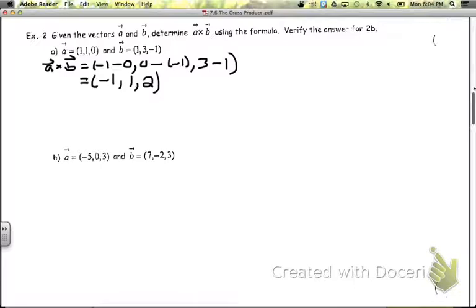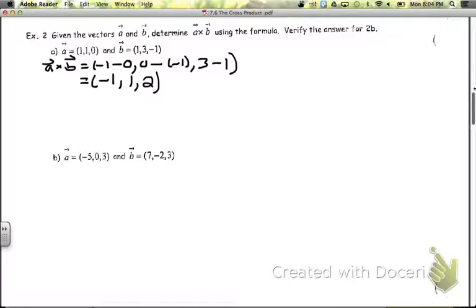Now, another useful way to remember doing the cross product is to set this up and write out our values. What I mean is writing out our vector A. However, since our formula starts with A2, we're going to start right at the second one, our middle one.